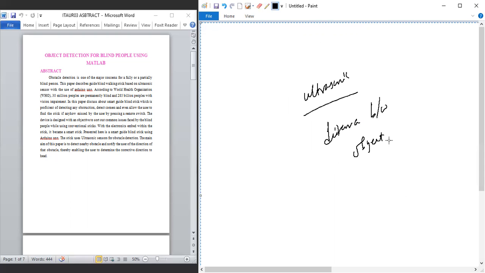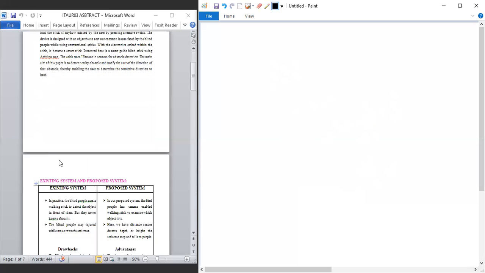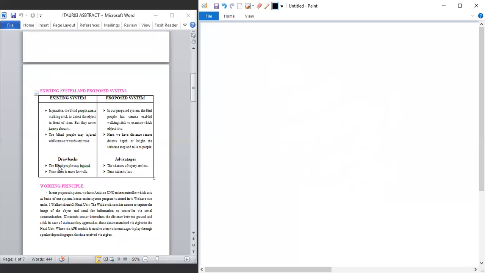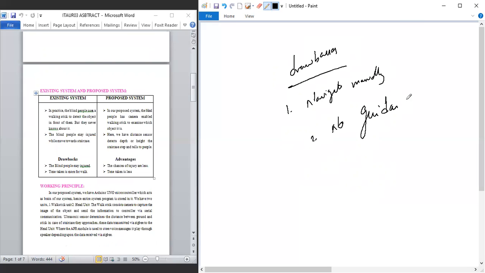This is the proposed method we are going to implement, and these are the drawbacks in the existing and proposed methods. In the existing system, they need to navigate manually, and there is no guidance. These are the drawbacks in the existing system.